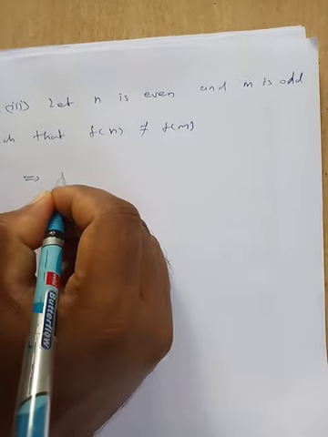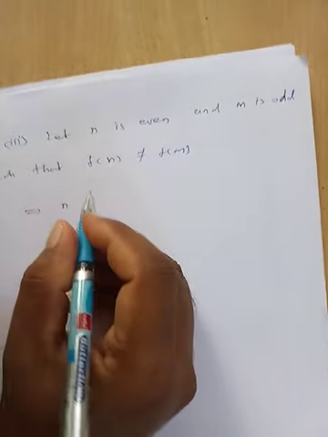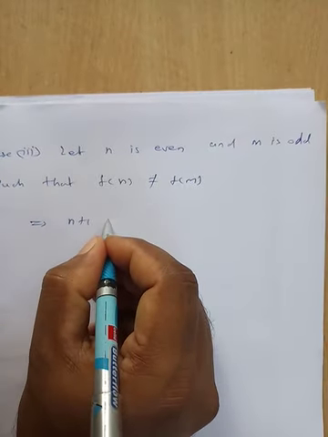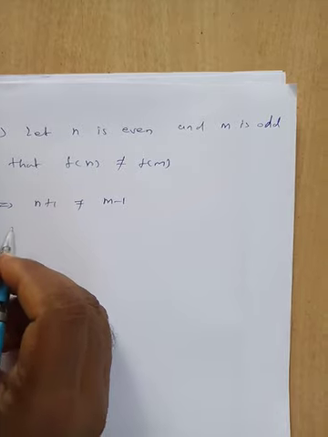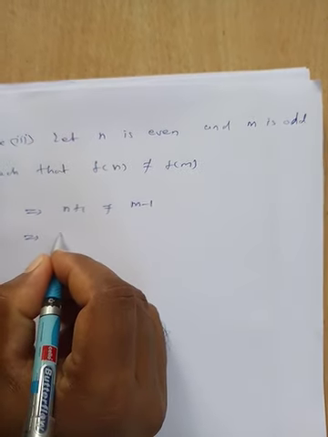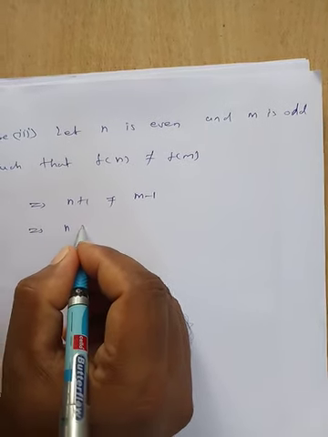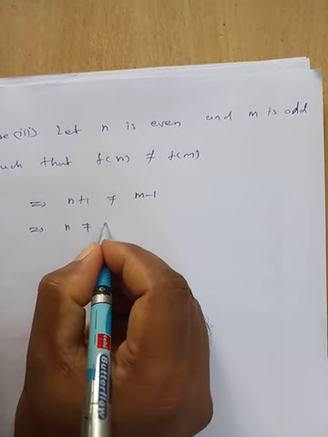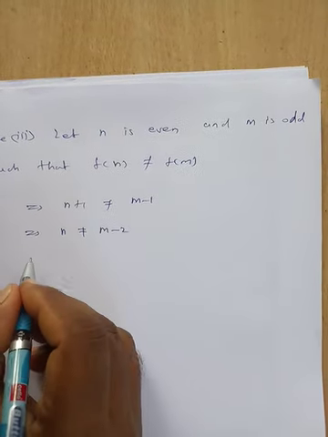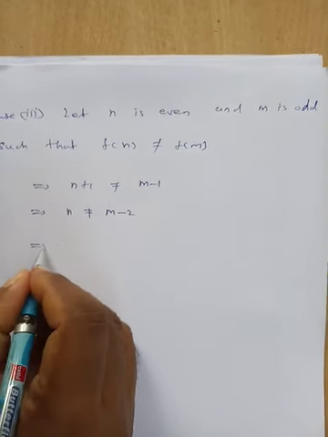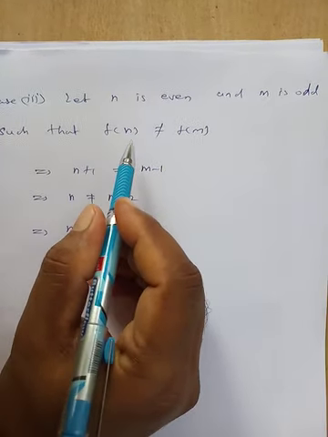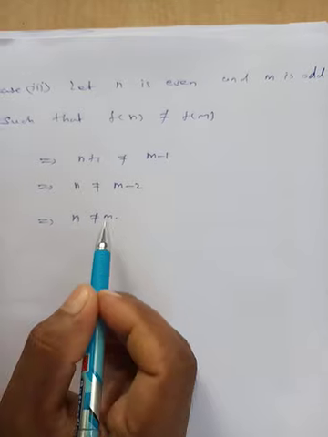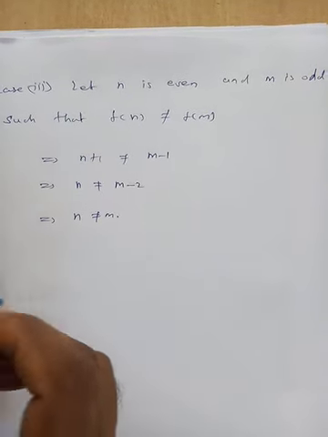Here f of n is equal to n plus 1, not equal to m minus 1. The functions are different, which implies n is not equal to m minus 2, which implies n is not equal to m. If f of n is not equal to f of m, then n is not equal to m.